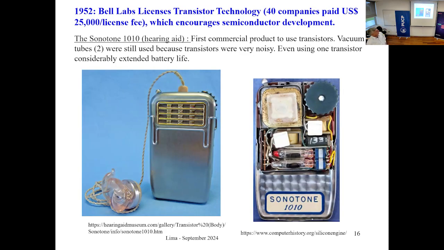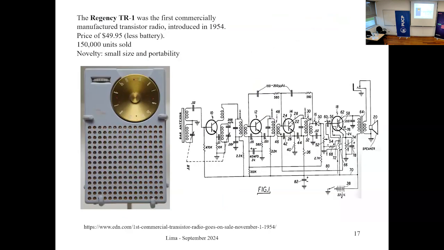This is one of the first pieces of equipment that used the transistor. It still uses tubes here. It's a hearing aid, built in 1952. This is the first portable radio. When I was born, this radio was born also.